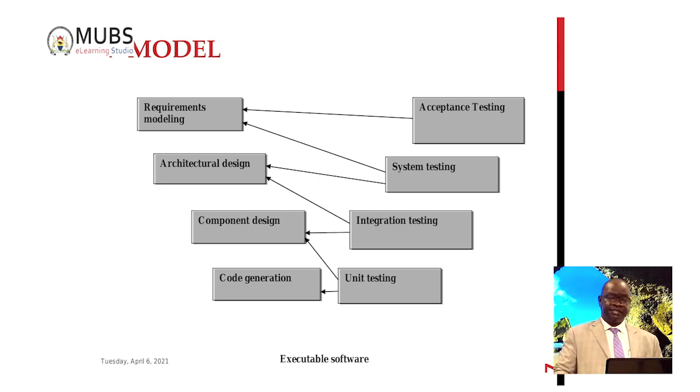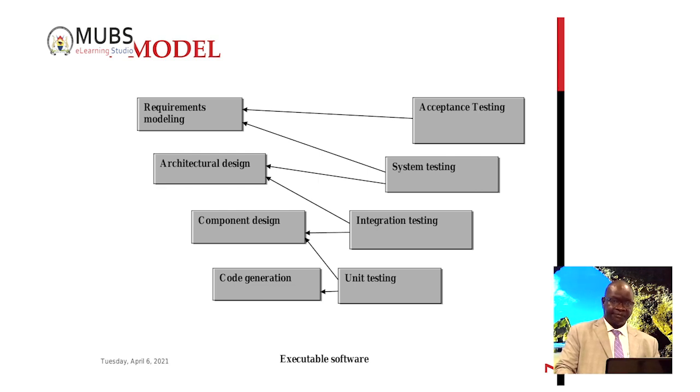Now, one special feature of V model I want to mention is it concentrates on quality assurance. It emphasizes quality assurance. That's why on the right arm of the V, you see a series of testings being done.